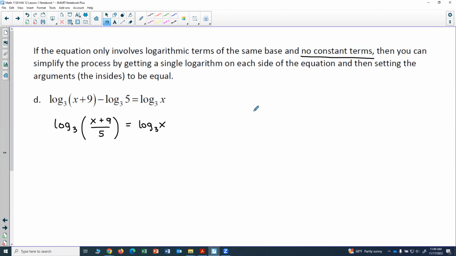So remember, the quotient property says that if you have log base b of m minus log base b of n, that's equal to log base b of m over n.